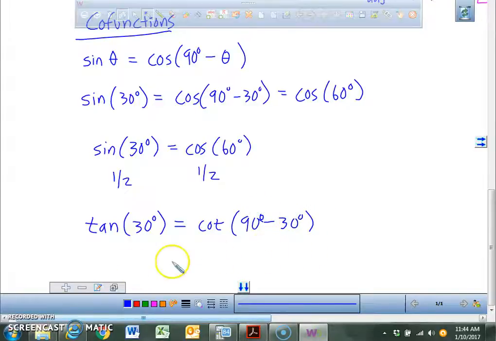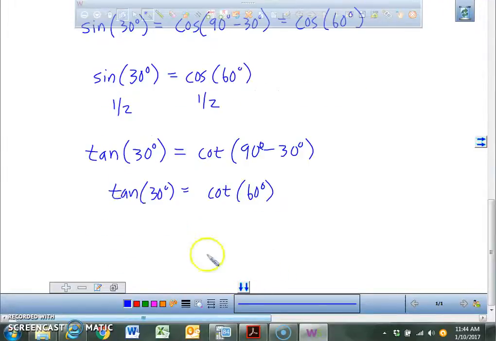So you get the tangent of 30 degrees equals the cotangent of 60 degrees. By the way, what was the tangent of 30 degrees equal to in our table? Radical 3 over 3. So the cotangent of 60 degrees should also equal that.